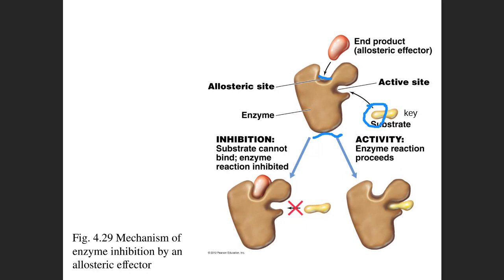Okay, so this diagram shows you two ways of inhibiting. I'm using this to show two inhibitions. So they're both inhibiting the enzyme? Hold on. Inhibit one, and hold on 1 second.